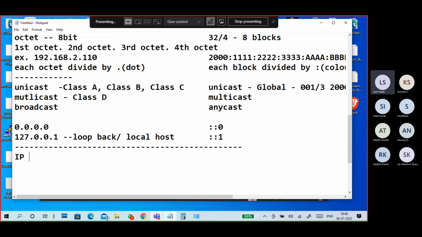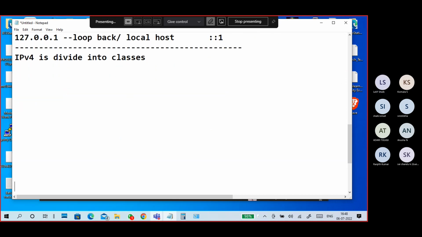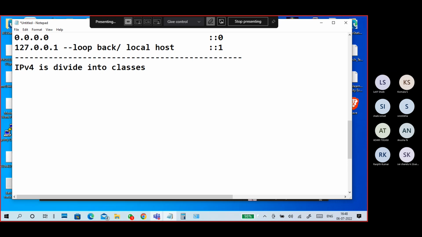So here, IPv4 is divided into classes. Okay, so totally 5 classes, A to E. Originally there is a big sequence, but I'm not going with that big sequence because of lack of time.